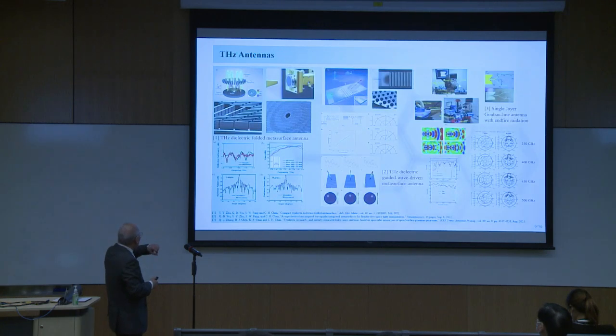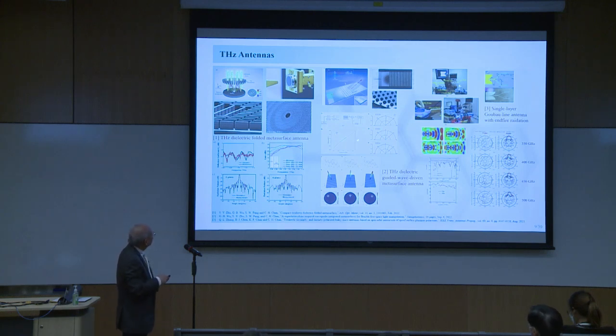Now, in order to focus the energy more in certain directions, we designed this terahertz antenna. It has a very high gain of 33.4 dBi, using micro-machining technology. On the other hand, here we also designed another antenna such that the antenna beam will change its direction when we change the frequency.